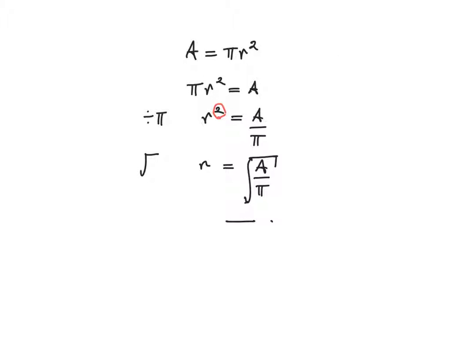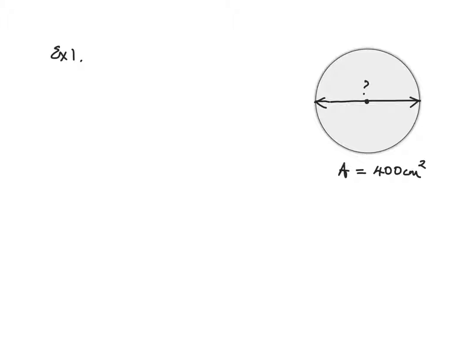the answer. In this first example, we're told that the area of the circle is 400 centimeters squared. The only thing that we can do, if we've got the area, is to find the radius using the formula r equals area divided by pi and then square rooted.